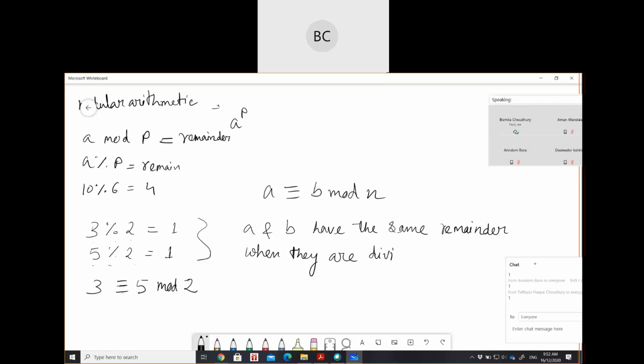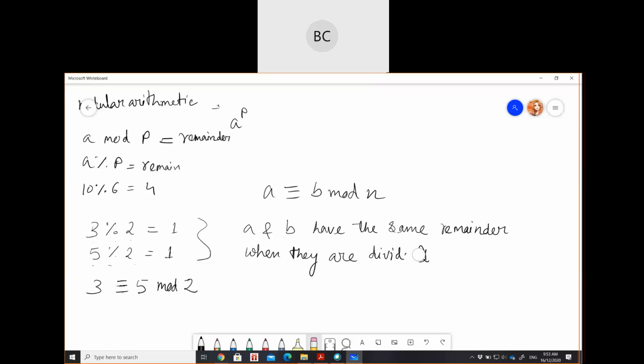Is it clear what is congruent? So two numbers will be congruent to each other when they have the same remainder when divided by n.